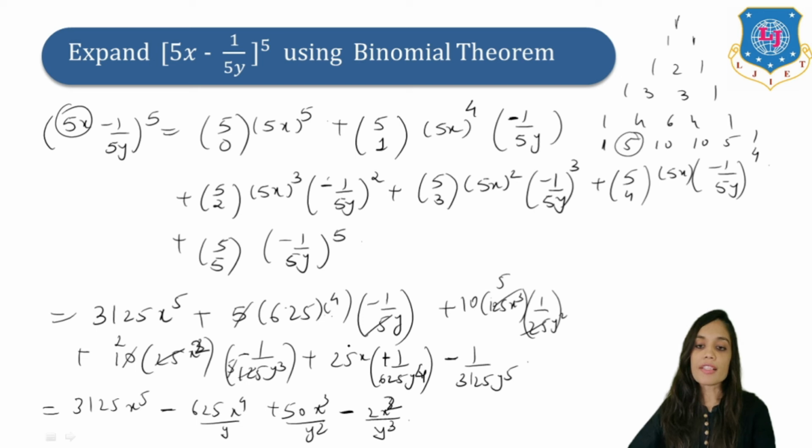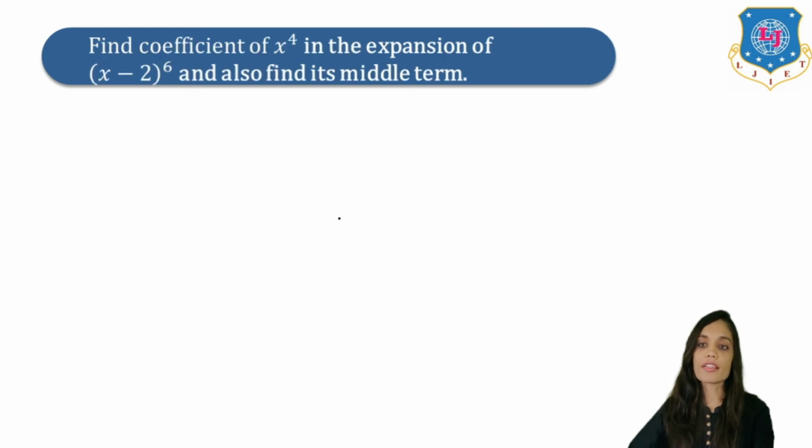Fine. Next here, if we cancel, it will come 25, so plus x upon 25y^4 and minus 1 upon 3125y^5. Your x also will come. So this is the final series expansion using the binomial theorem. Done, and this is our final answer. Okay. So now let us go to the next example.